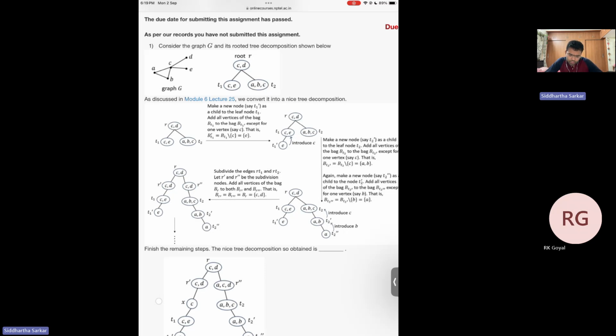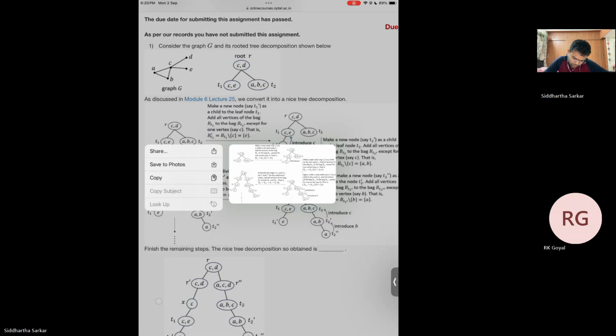First, appreciate that the current tree decomposition is not nice, because look at the root node C, D. If it has two children, then in order to be a nice tree decomposition, these two children should have the same bags. So it should be a join node. But this is not the case here, so we want to convert it.